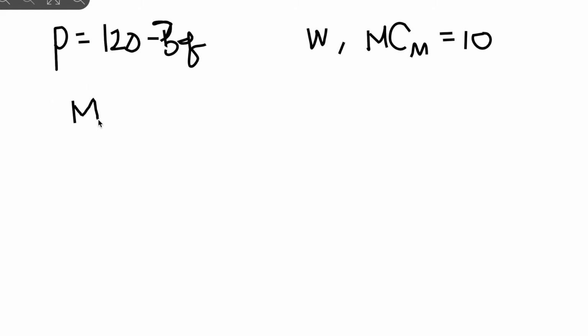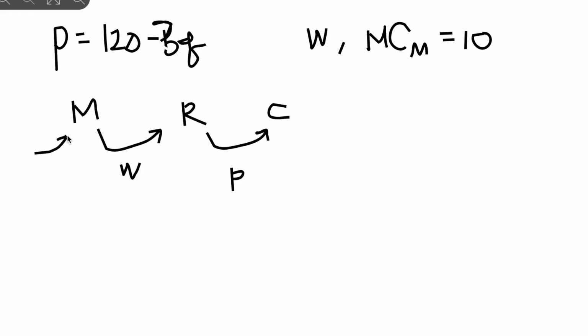We have a manufacturer, we have a retailer, and a consumer. From the manufacturer to the retailer, they provide with W, and from the retailer to the consumer, they provide with P. And they purchase the raw material with the marginal cost of the manufacturer, and we have that as 10. So W is the marginal cost for the retailer, and P is the cost for the consumer.